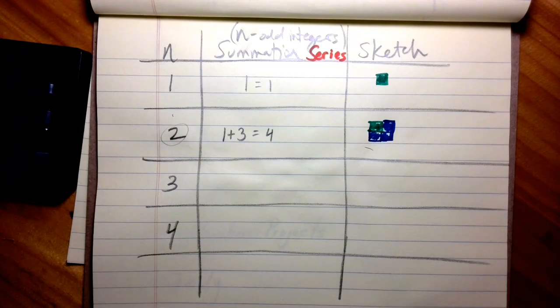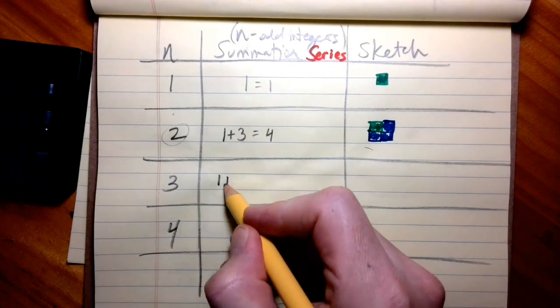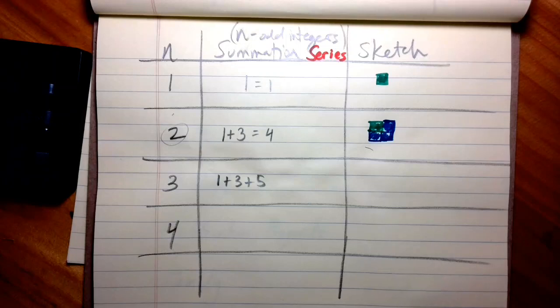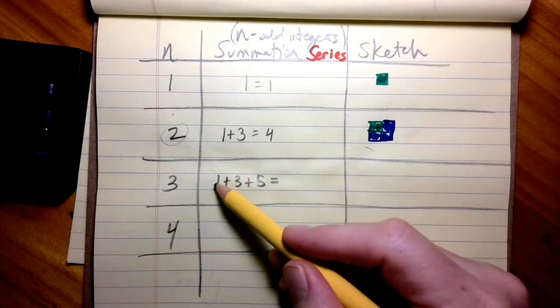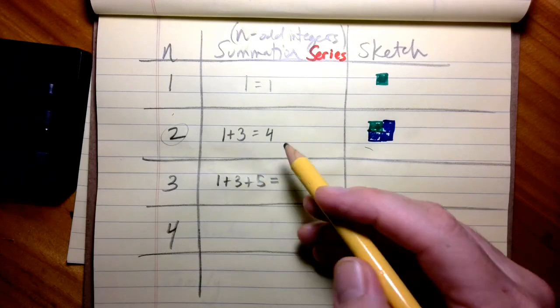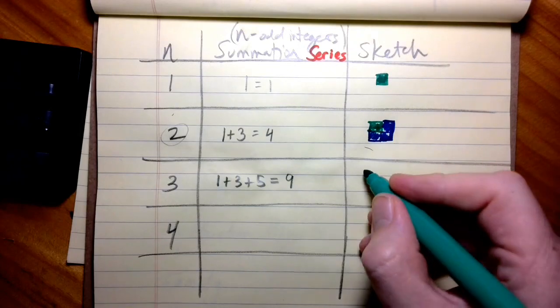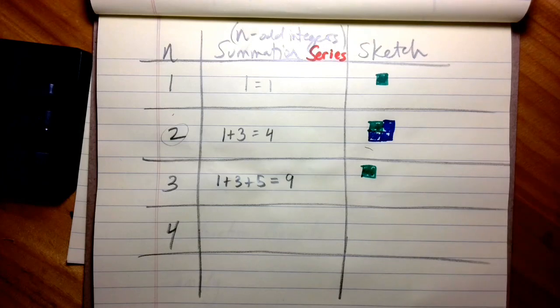Now let's see, we've got 1 plus 3 plus 5. Those will be the first 3 odd integers. That adds up to, well, 1 plus 3 we know is 4, plus 5 is 9. And the way I want to do that is, let's put in our first block from n equals 1.